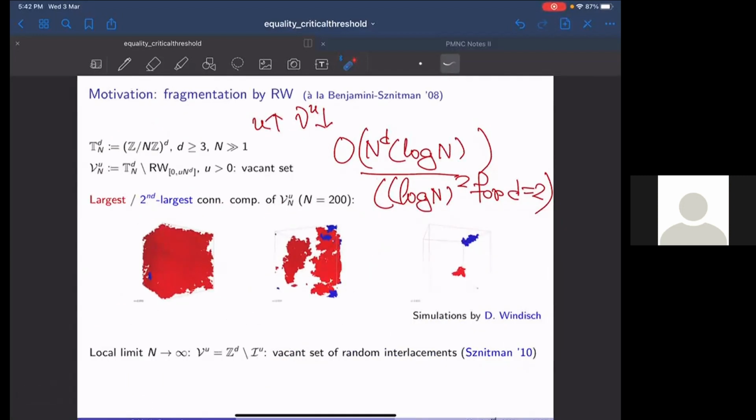What Benjamini and Sznitman proved, if I'm not mistaken, is some form of this picture for high enough dimensions and small enough u. That is, for all u small and d large.